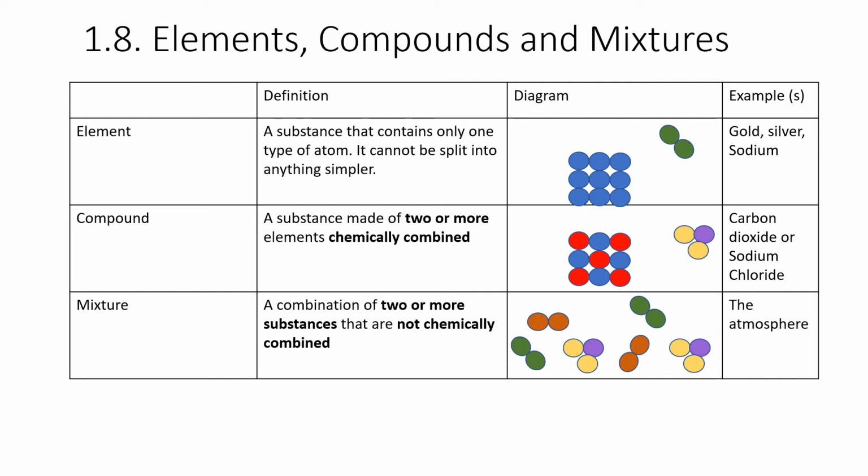If you look at the diagram, the colours indicate specific elements. So in both the solid case in blue and in the gaseous case in green, the structures are made up of only blue or green atoms. They're both elements. Now, a compound is a substance that is made up of 2 or more elements chemically combined. The chemically combined part is very important.